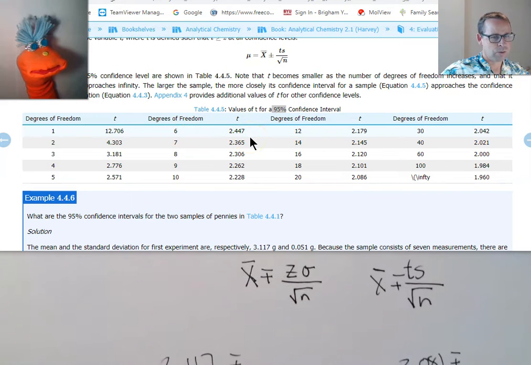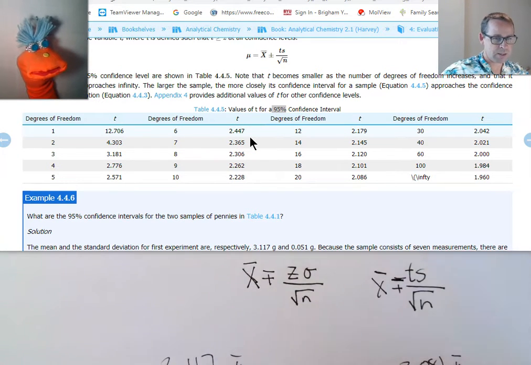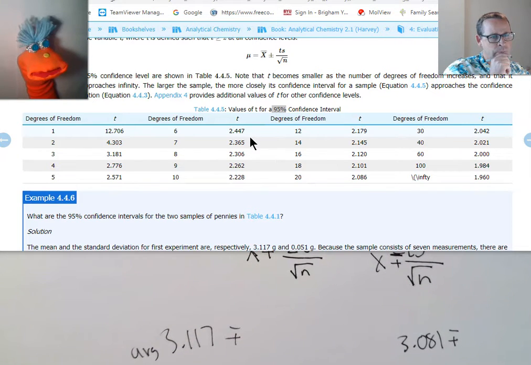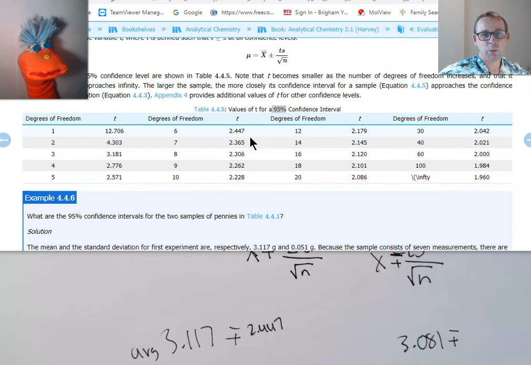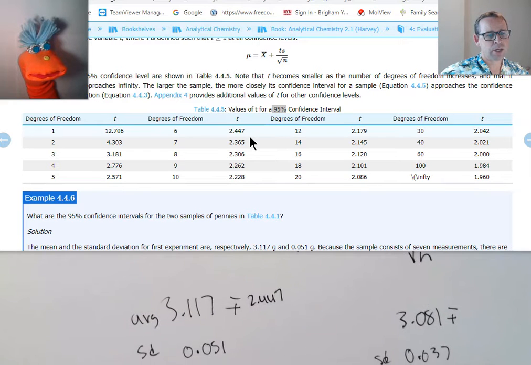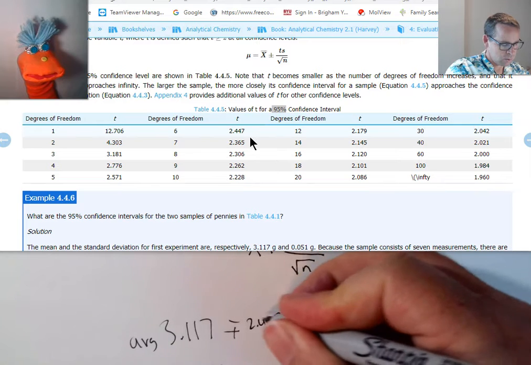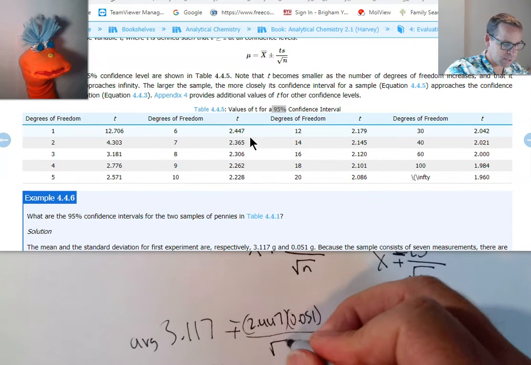So our t-value here is the multiplier for the plus or minus. It's 2.447. So we need a 2.447 instead of the 1.960 if we are using our own standard deviation. Our own standard deviation is 0.051, and then I divide by the square root of n, where n equals 7.